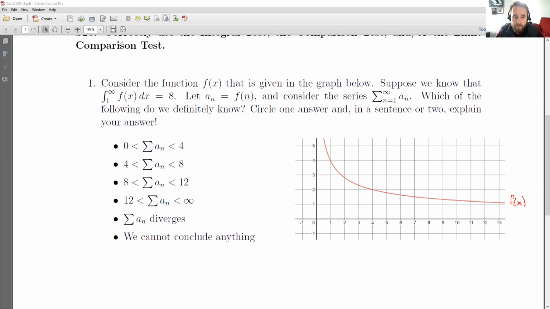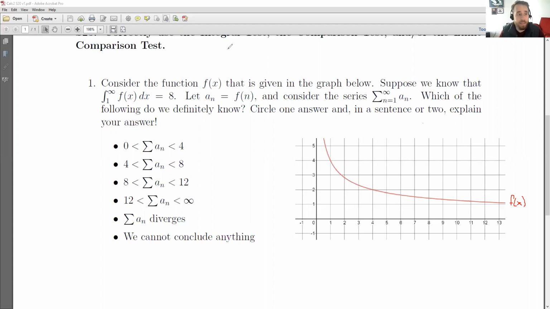So that's one piece of information that we can anchor around. Let a sub n, a sequence, be equal to f of n, and consider the series sum as n goes from 1 to infinity of a sub n. Which of the following can we definitively conclude? Circle an answer and explain your answer.